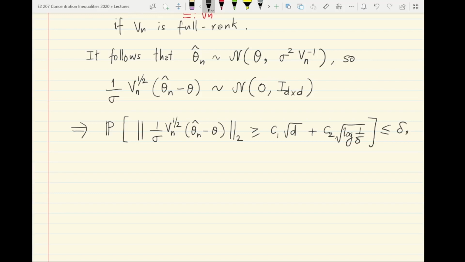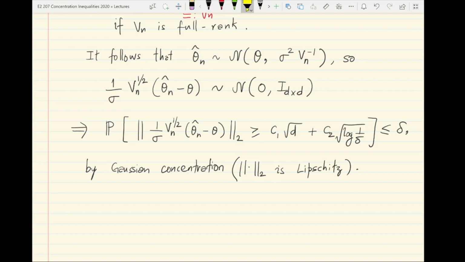This is just by appealing to standard Gaussian concentration, since the L2 norm function is a Lipschitz function with respect to the L2 norm itself. So you can use the Gaussian concentration inequality along with this C1 square root d, which is actually a bound on the expected value of the L2 norm of a standard Gaussian vector. That's where you get this from.